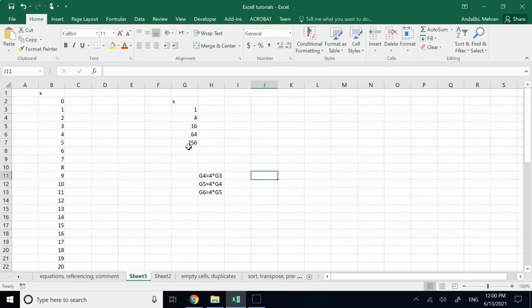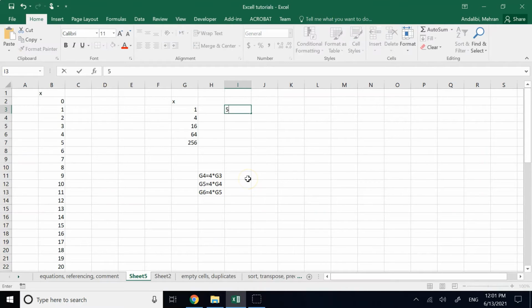Okay? Now sometimes you do not want this. Sometimes you want to keep this cell G3 fixed. Or maybe this number 4, here I typed it, maybe you want it to come from here. Maybe this number that I'm using in each one of these equations is fixed.